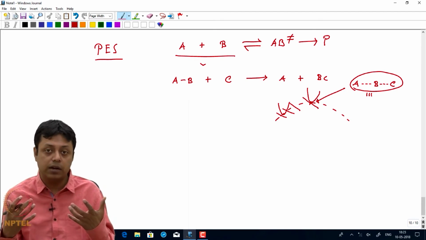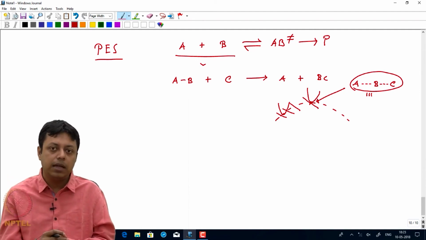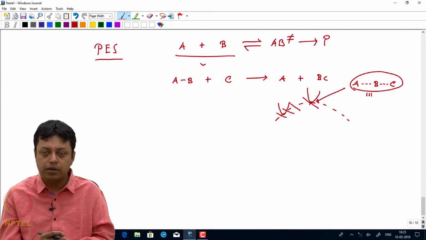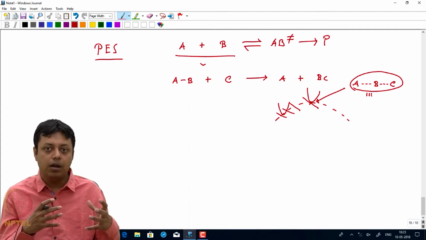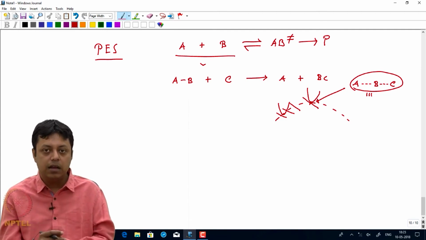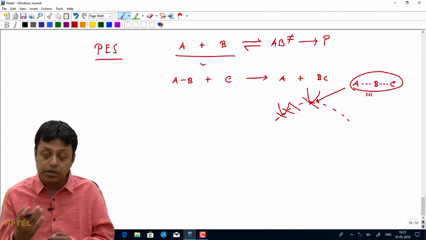So there is a geometry factor involved, and the geometry factor is connected to an entropic factor. The entropy is decreased because you are going from a more random state to a more ordered state, and that accounts for why you overestimate the reaction rate constant when you do it the collision theory way.